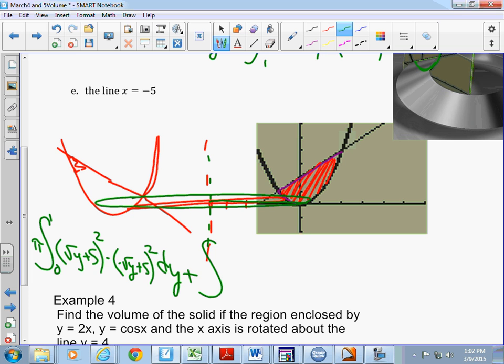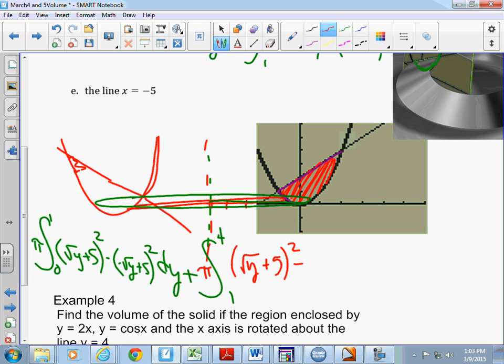If we were looking at a shape like this one, now this one doesn't have the switch curve, but it would be like we found the volume of these two pieces. We now need to find the volume of these pieces. Does that kind of make sense what we're doing? We found the volume of the bottom. We need to keep going up. So from 1 to 4, let's move up a little bit. Now outside's still the same, isn't it? Oh, thank you, pi in front. Outside still square root of y plus 5 squared.